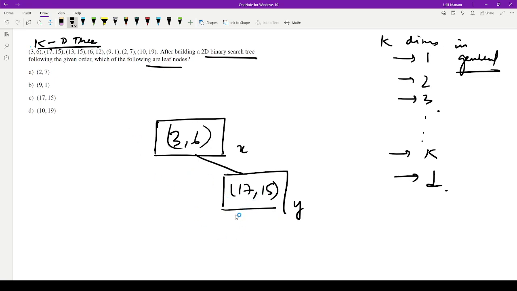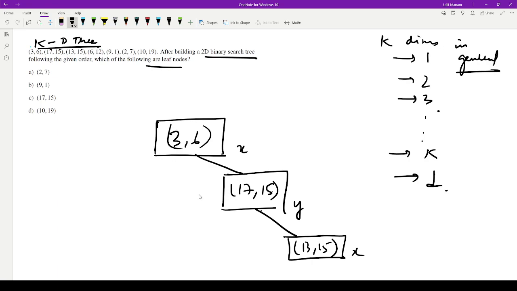Next is 13 comma 15. Where should it lie? 13 is greater than 3 of 3 comma 6, so it will come here, and now from here where will it go? 15 equal, so equal means I will choose to keep it at right. So 13 comma 15 will come here.